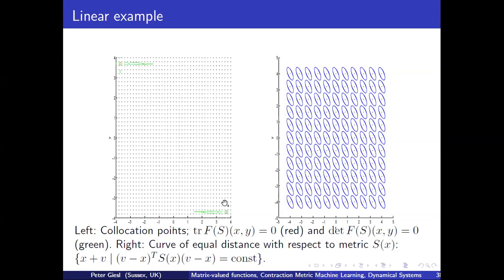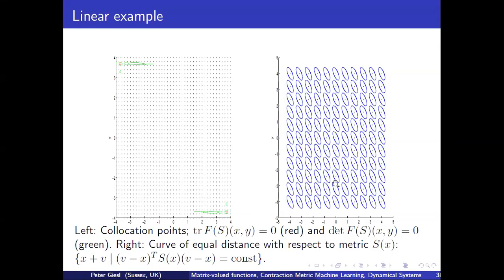You can see in red and green where the trace or determinant of f of s violate basically the sign condition. And you can see it obviously happens in between these collocation points. At the collocation points, everything must be fine. But you can see it often happens near the boundary. We would need more collocation points to get this to the right sign.